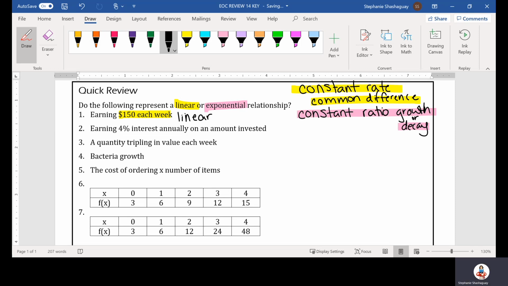If you're earning 4% interest annually on an amount invested, well, 4% is a ratio, so that's going to be exponential. A quantity tripling in value each week. Well, if you're tripling, then you're multiplying by 3 each week, which is going to be exponential.